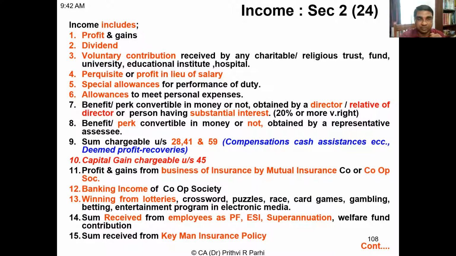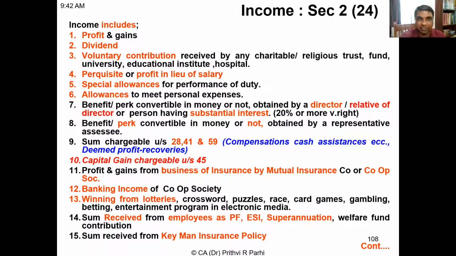Point number 3. Voluntary contribution received by any charitable or religious trust, fund, university, educational institute, or hospital. Voluntary contribution means there is no compulsion to pay. A person is voluntarily paying without any consideration.